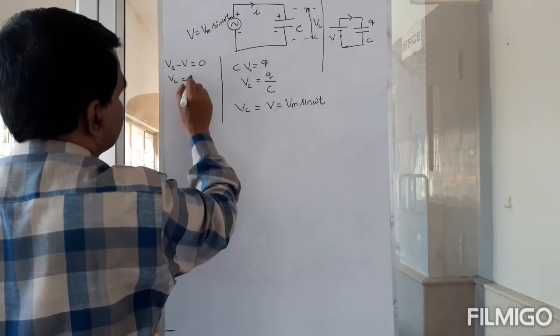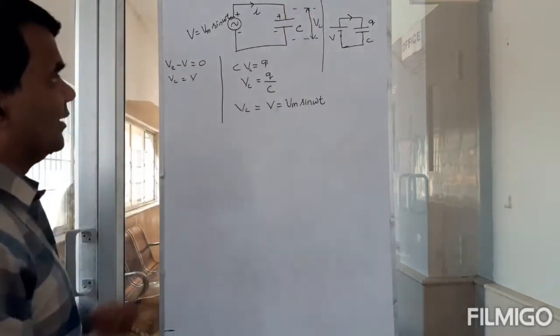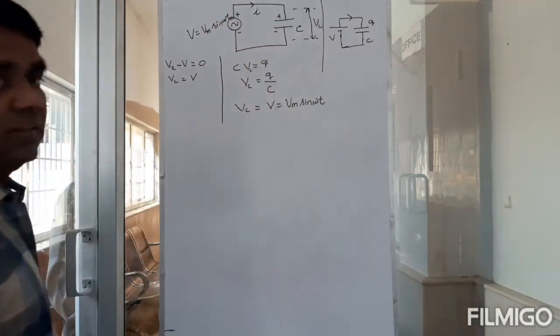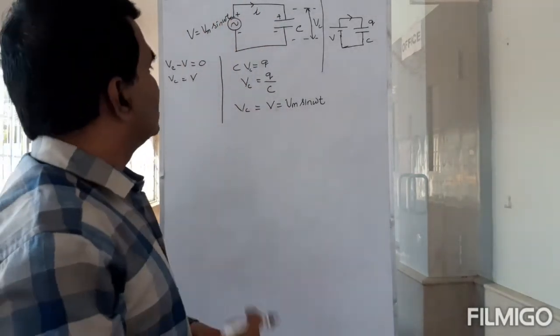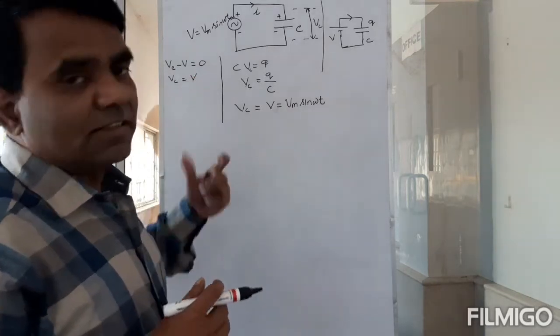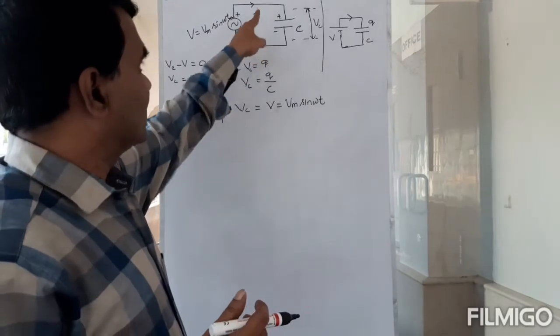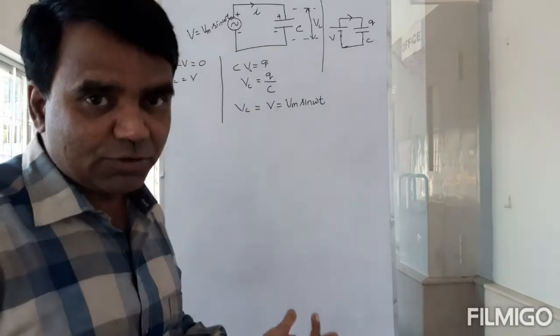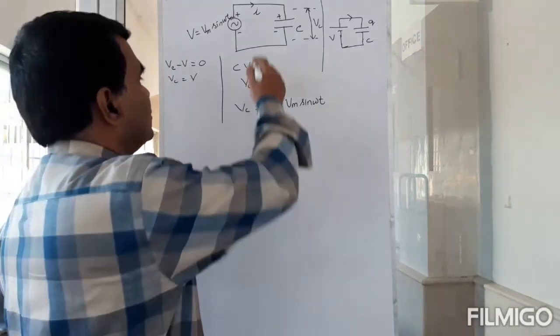So VC must be equal to V at all times, and that is what we are doing here. Okay, I hope this is clear to you. Okay, fine. So what is our intent? Our intent is to find the current, the relationship between the voltage and the current. That's what we have been doing.